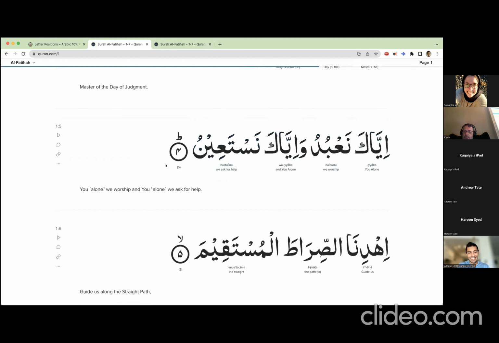Another question. So do we say that nasta'inu, or do we not because it's at the end? Or we have a break. If you stop the sentence, you wouldn't say the u. Okay. So you say iyyaka na'budu wa iyyaka nasta'in, and you can extend that last vowel and drop the last u.